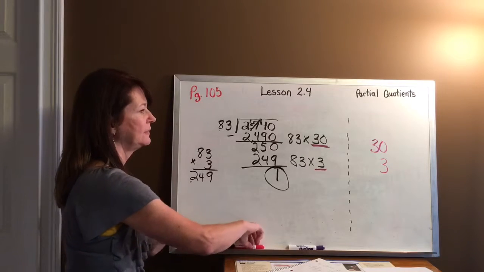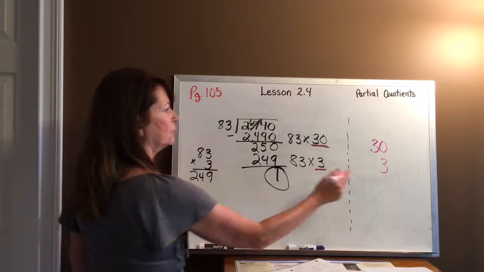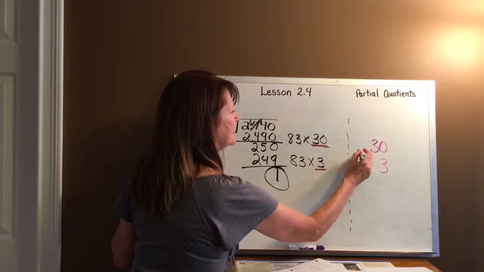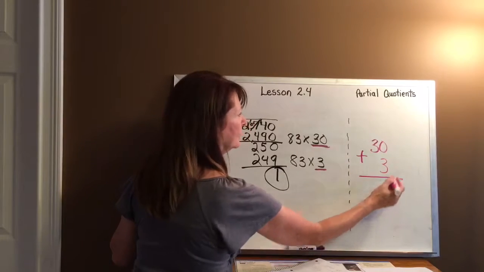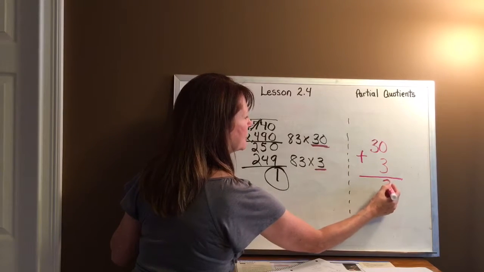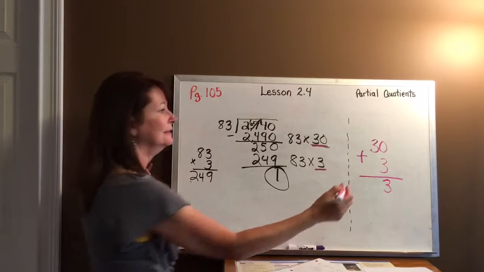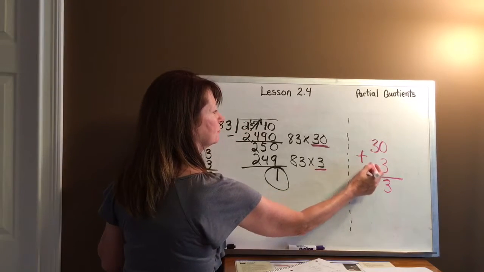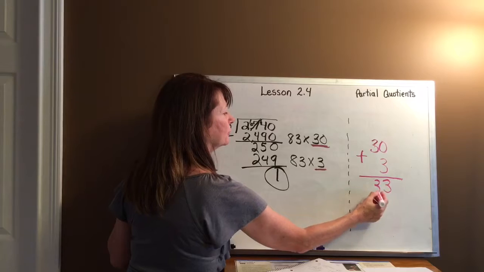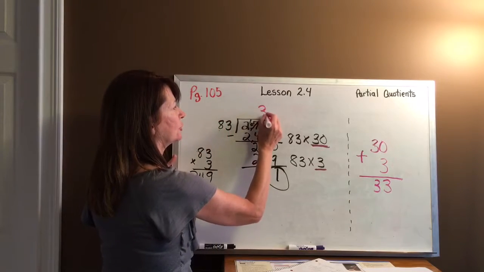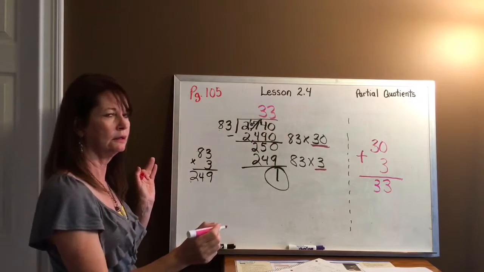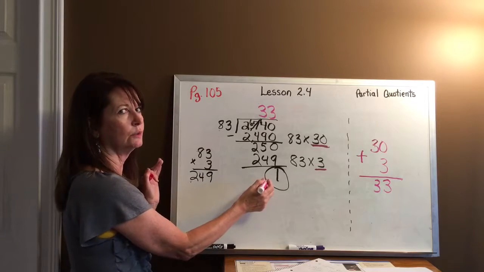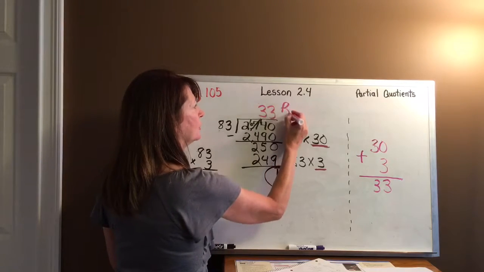Now, what's our full quotient? What's our answer going to be? Well, remember, we're going to move over here. We're going to add these together. 0 and 3, keeping our numbers all lined up nicely. And then 3 plus nothing, 33. So my answer is 33, remainder 1.